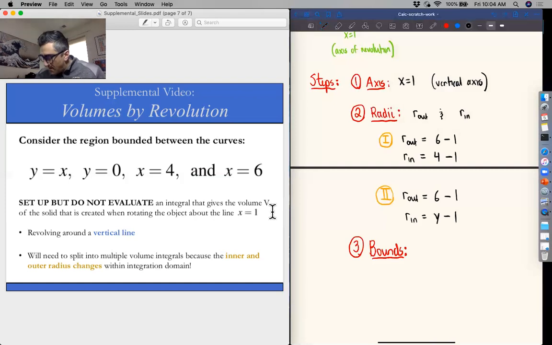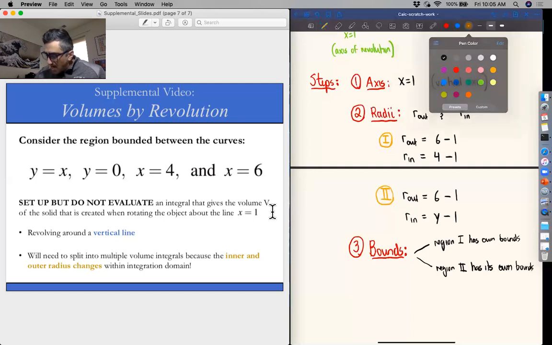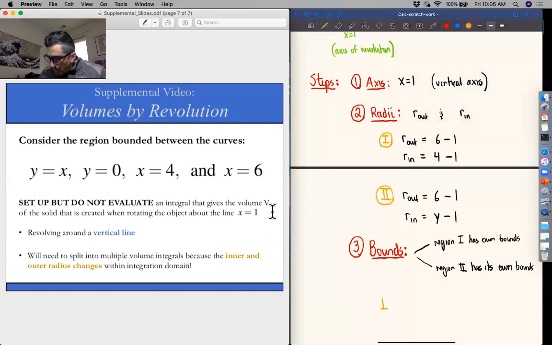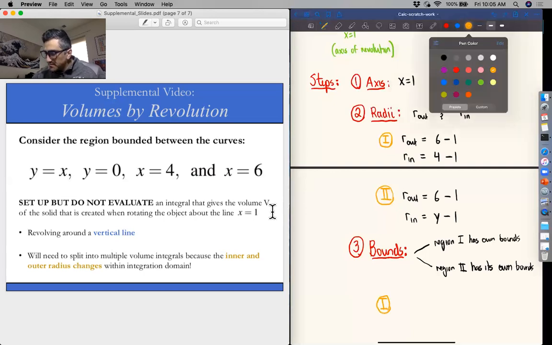Region 1 will have its own bounds, and region 2 has its own bounds as well. We'll do the same exact process: first think about region 1 and then region 2 afterwards.